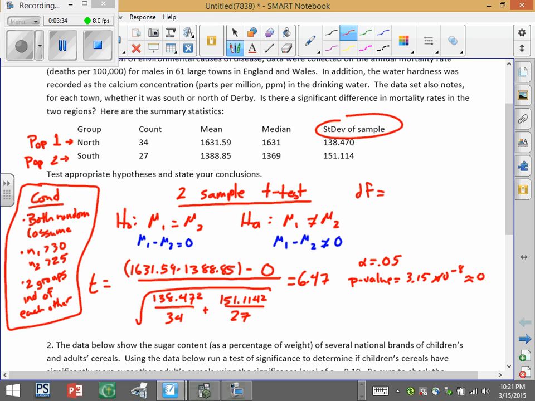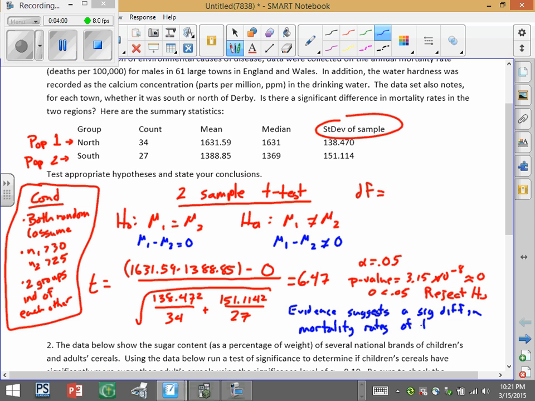The p-value looks like a 3.15, but remember it's 3.15 times 10 to the negative 8th, which is essentially 0. So 0 is definitely less than 0.05, which means we're going to reject the null, which means evidence suggests a significant difference in mortality rates of towns north versus south of Derby.